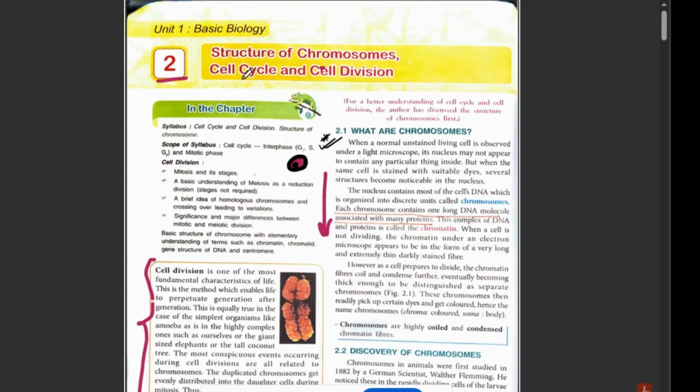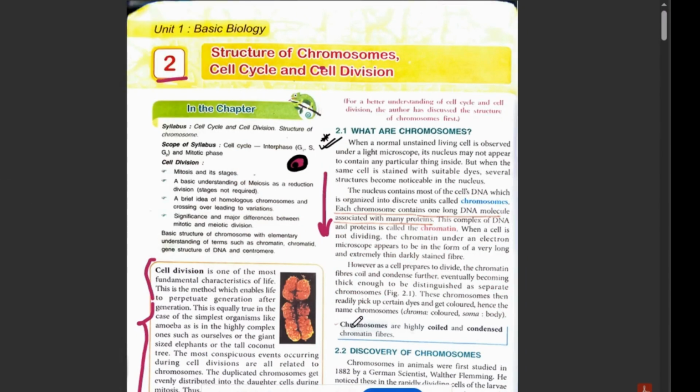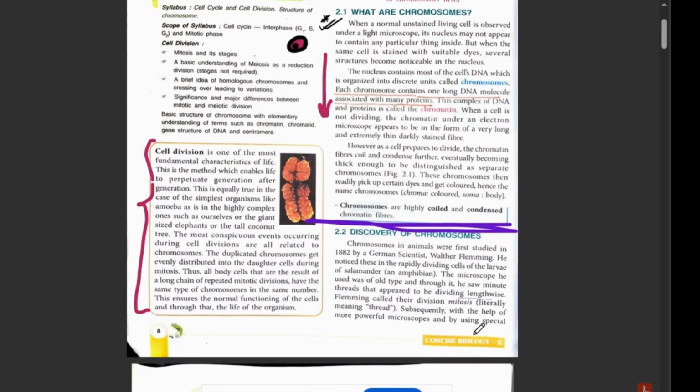I will personally request you to go through this paragraph. It is very, very easy. You need to go through this paragraph and always add this thing in your answers whenever it is asked what is chromosome. Or you can even write in the flow I have written. No teacher can cut in the flow I have written.